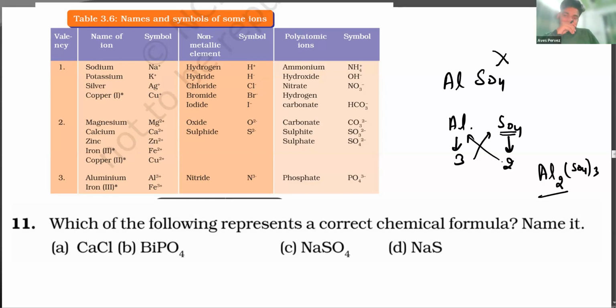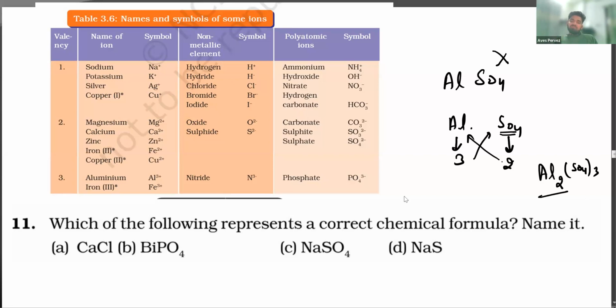Done this one? What is the correct formula for calcium chloride? Sir, it's Ca1 and Cl3.